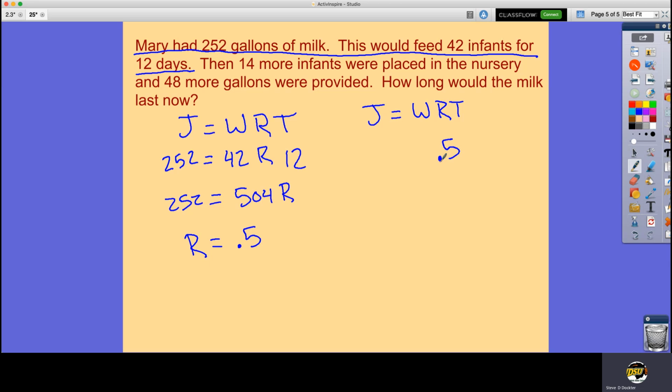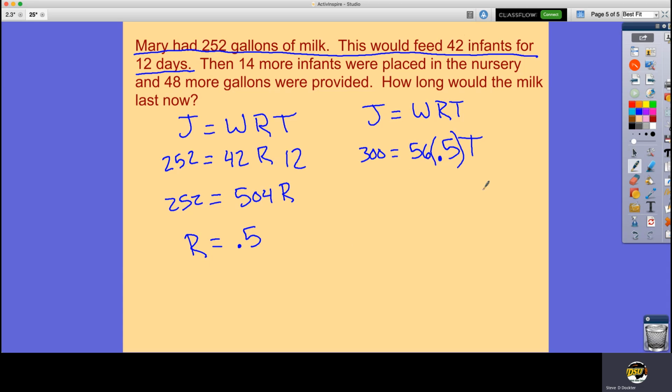How many workers do we have this time? 14 more than we already had, right? So we're going to have to take this 14 and add it to 42. So we get 56. And how many gallons of milk do we have now? 300. Yep, we're going to have to add these 48 to what we already had.